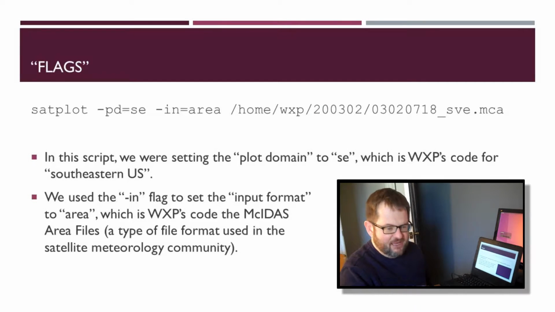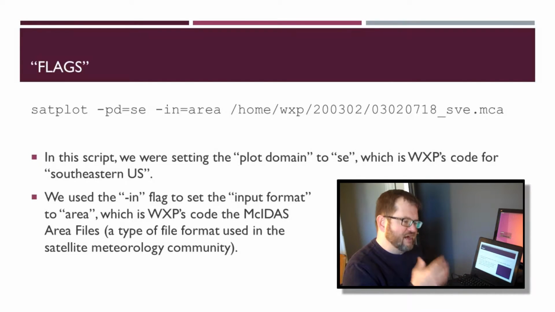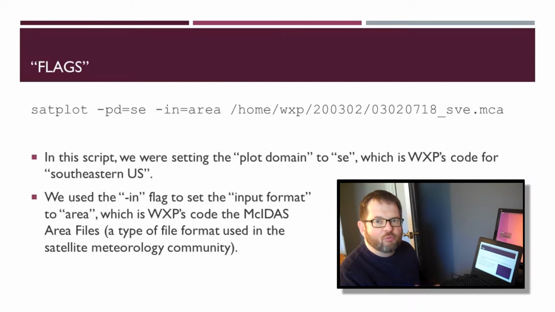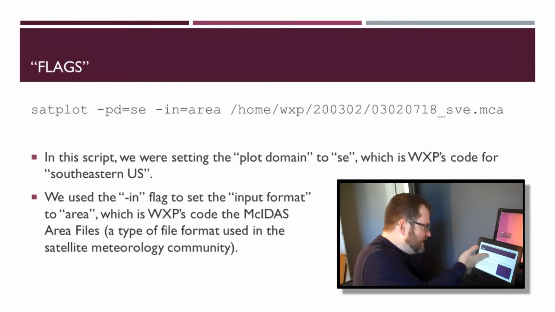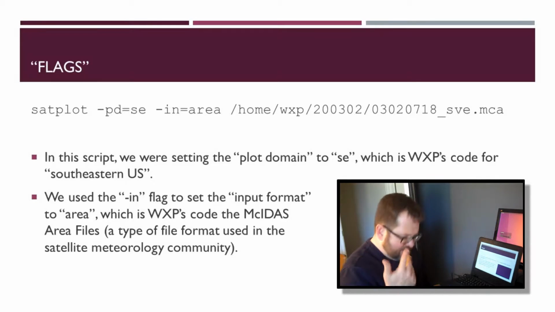If it's a .jpeg, you probably have some kind of image viewer. If it's a .pdf file, it's going to open it using something like Adobe Reader or Foxit Reader. That doesn't exist in Linux, okay? We have this idea that there's a table that tells it how to open different kinds of files. We have to actually tell it. So in this case, we're telling it minus IN equals area to tell it that it's an area file. Okay, whatever. It's a McIDAS area file.